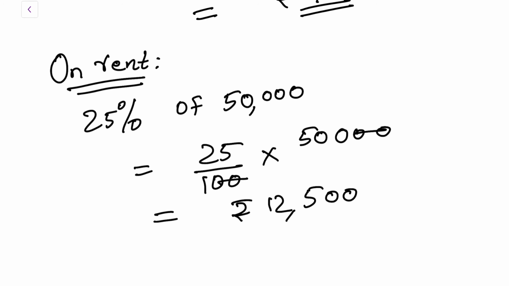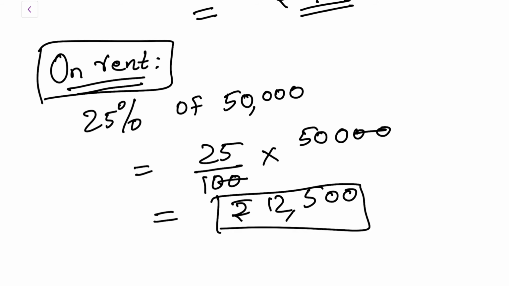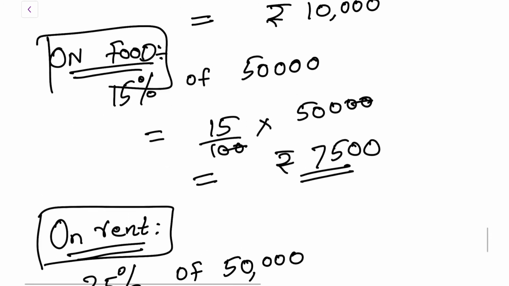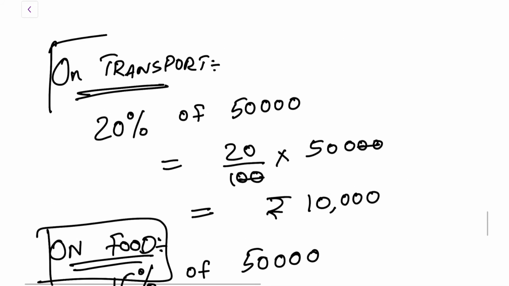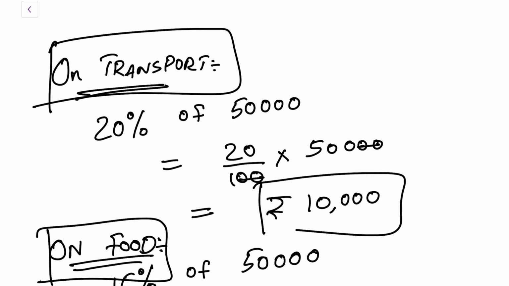Alright, so they've asked you to find out how much he spends on each of these things. So we found out that he spends 12,500 on rent. On food he spends 7,500, and on transport he spends 10,000 rupees.